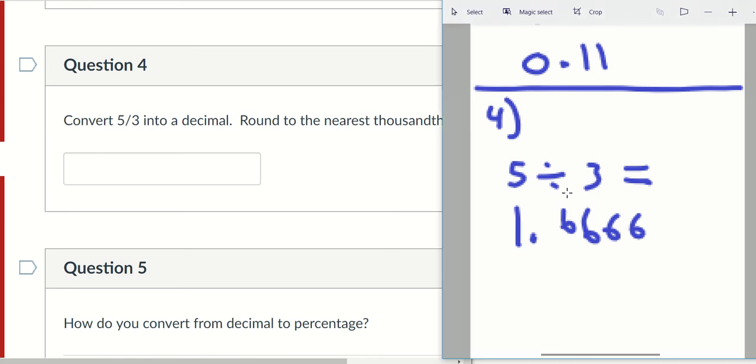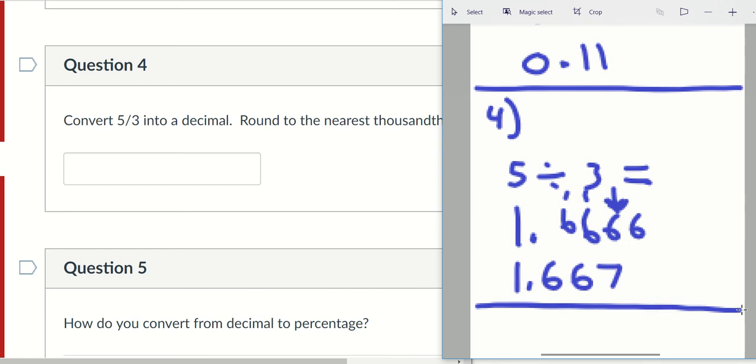So we got tenths, hundredths, thousandths. So this guy right here, the third 6, does it stay a 6 or does it go up to 7? Goes up to 7. So you're going to document 1.667. Let's make sure you're rounding to the correct decimal place.